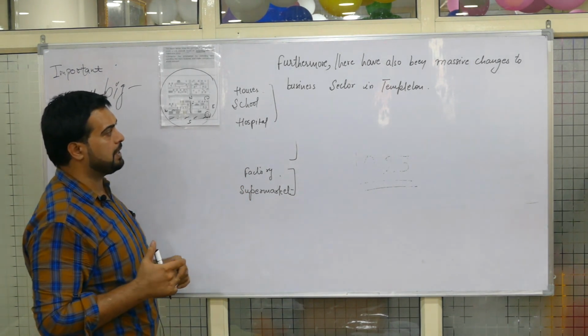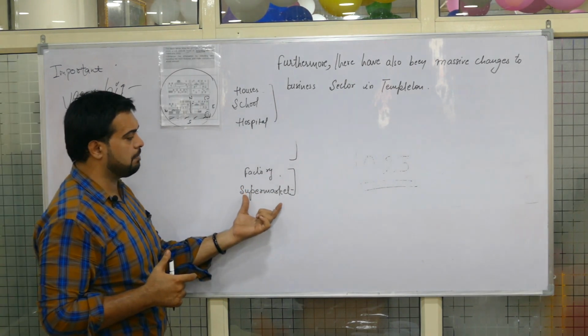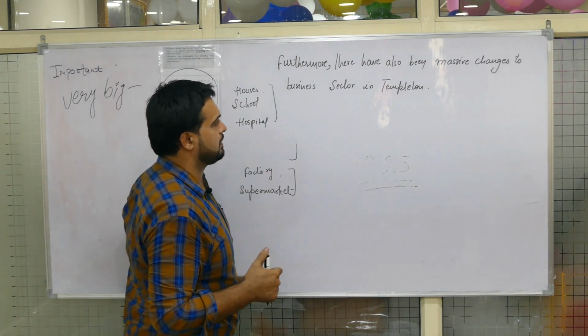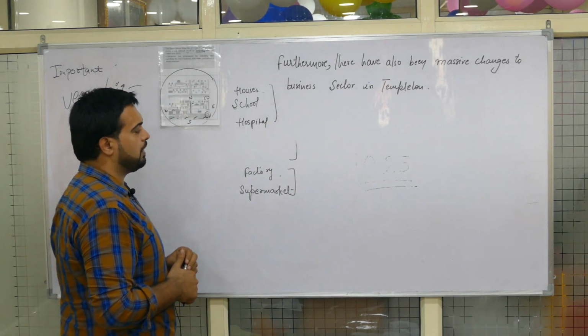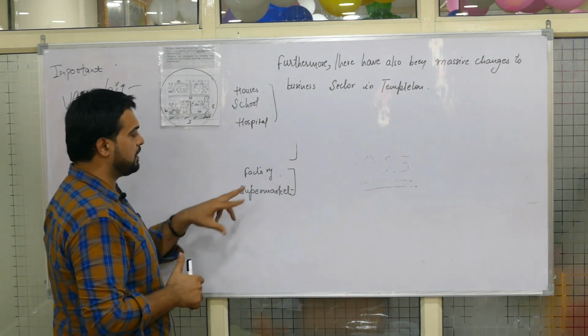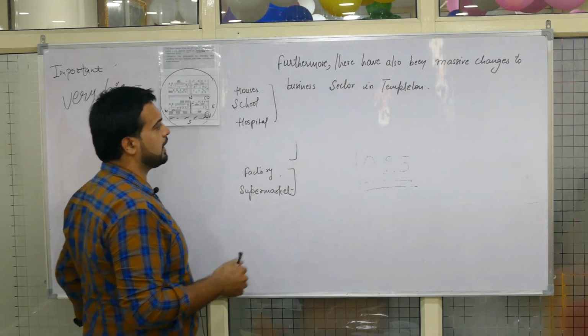Now we come to the business sector, so factory and supermarkets come under the heading of business. Here we need to describe what we have actually seen. First we discuss the factory.